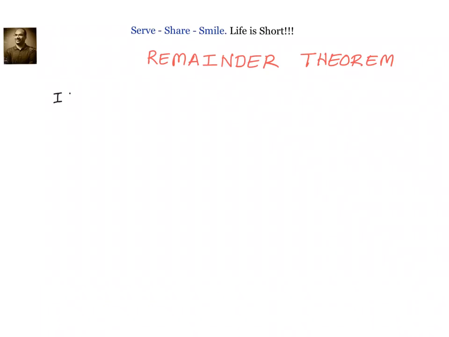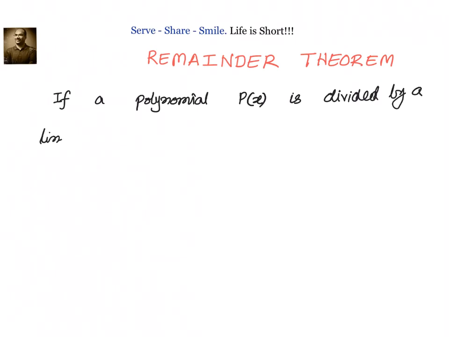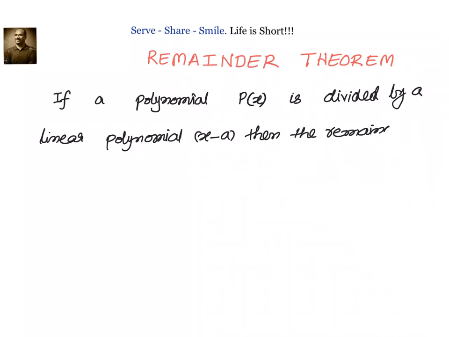We can write: if a polynomial p of x of degree greater than or equal to 1 is divided by a linear polynomial x minus a, then the remainder is p of a.